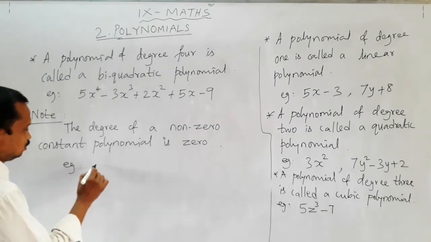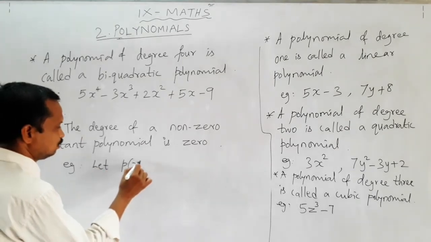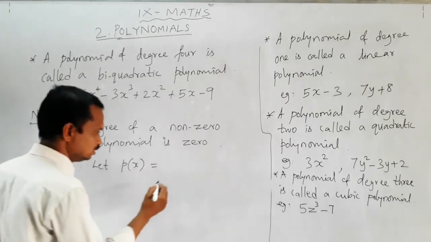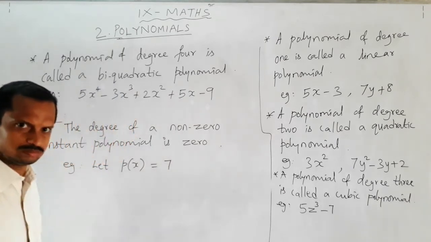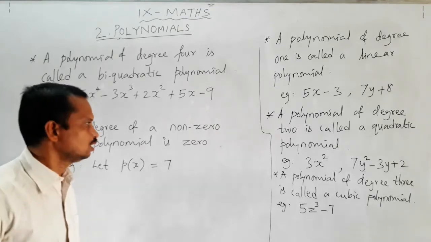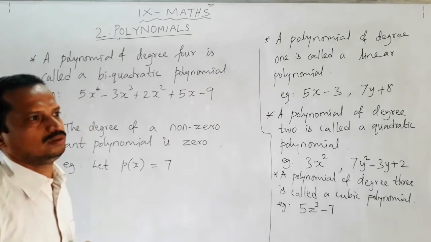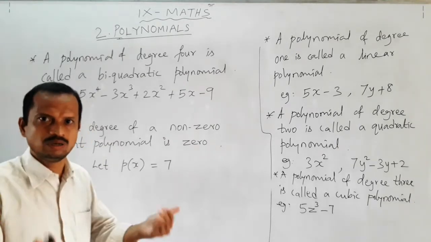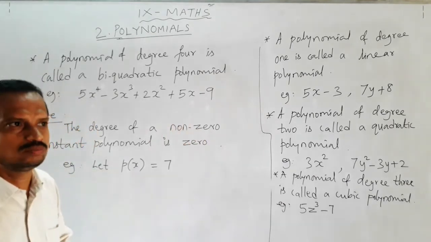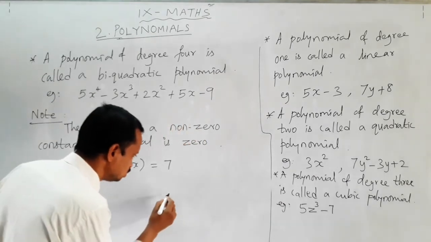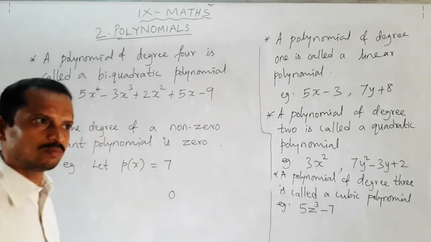Let P of x be a polynomial, and I am simply writing it as 7, the number 7 alone. Number 7 is a constant polynomial. Why do we say constant polynomial? Constant polynomial means there is no variable, only a non-zero constant. If it is 0, then it is called the zero polynomial.